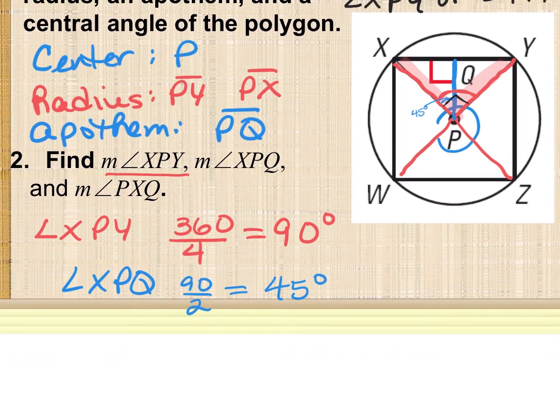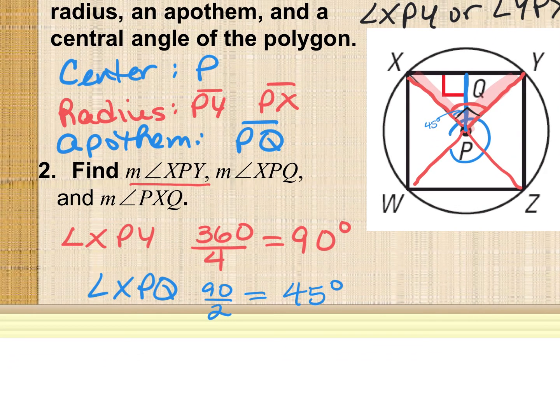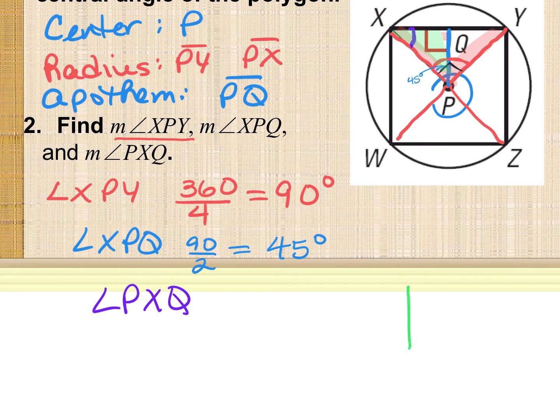And then the last angle they want me to identify is angle PXQ. And that one is located over here, down here at the bottom. Now again, if you realize this is a little right triangle here, and if you pull it out, let me do it in a darker color.